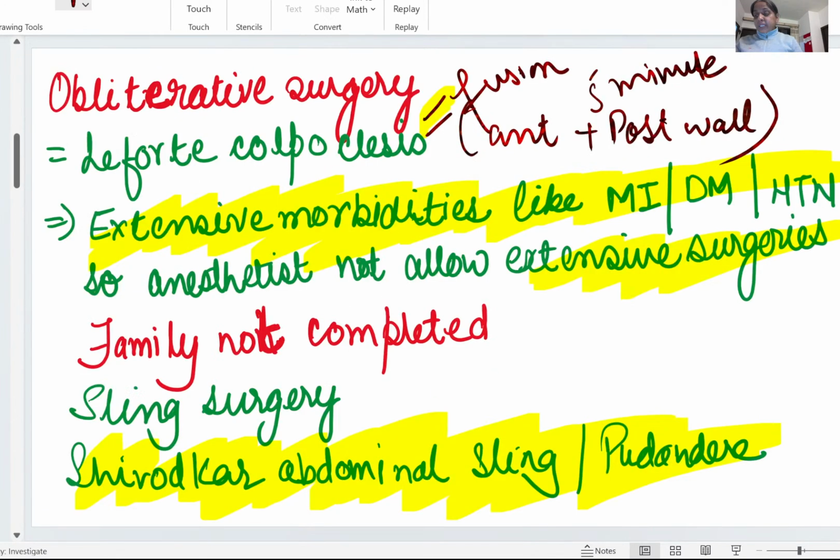The one surgery which is known as obliterative surgery. What do we do in the obliterative surgery?